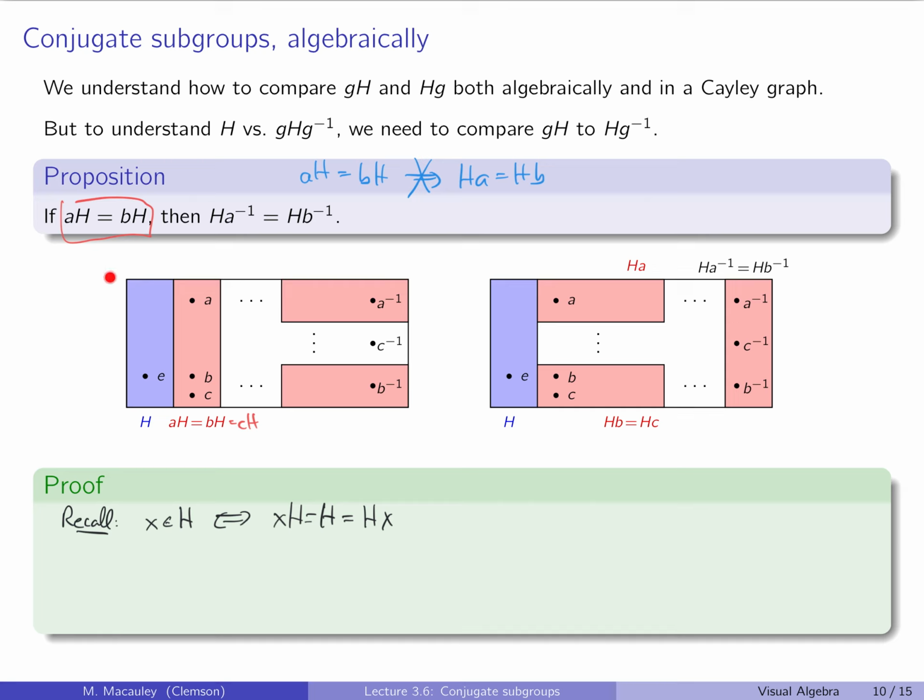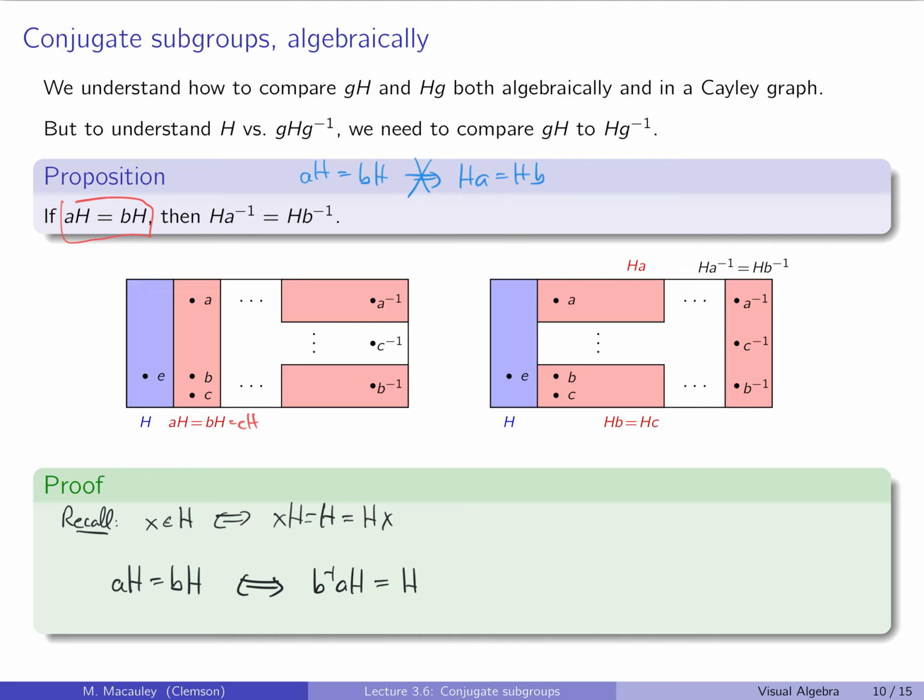So let's assume that aH and bH are the same. Okay, so suppose that aH is equal to bH. What can we say? Well, that is equivalent to b inverse aH being equal to H. We just left multiply by b inverse, right?